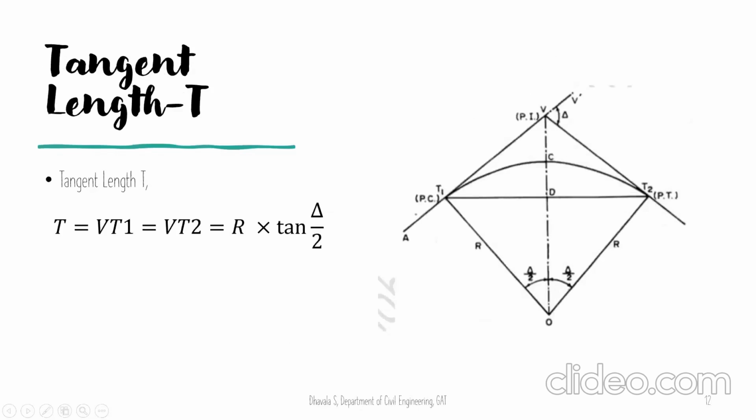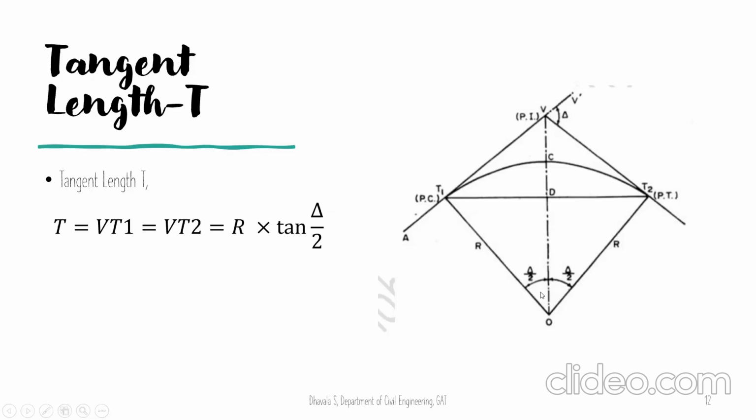Coming to next component, it is called tangent length, that is capital T. Capital T is nothing but V T1 or V T2. Consider the triangle T1, V and O. In this triangle, we know this distance, that is radius. We do not know this distance T1V, or we are about to find out this distance T1V, and we know the angle subtended at the center.